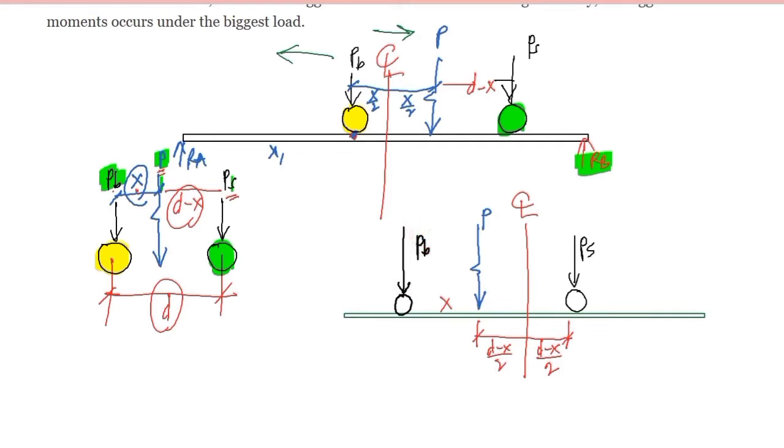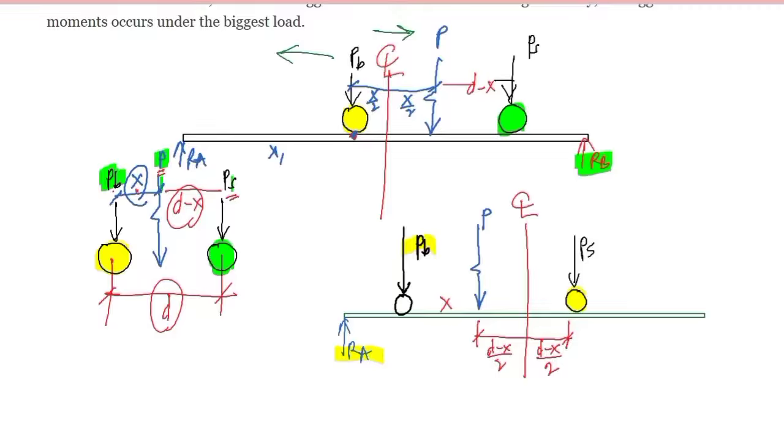Then we are going to take the moment at this point. So the moment on the left side would be created by this reaction, and thus the larger load would create a moment at this point. So that would be the value of the moment, no? That would be created by the PS.